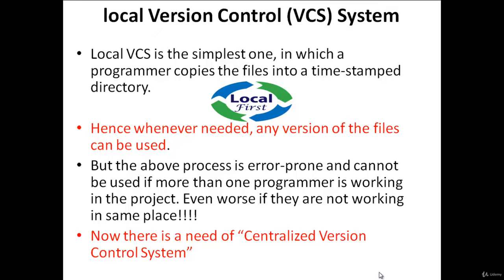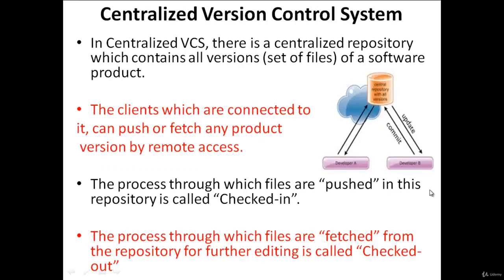Now there we find a need for a centralized version control system, right? In a centralized version control system, we have a centralized repository, which is kept at one location. Let's say our developers are sitting at different locations in different time zones.